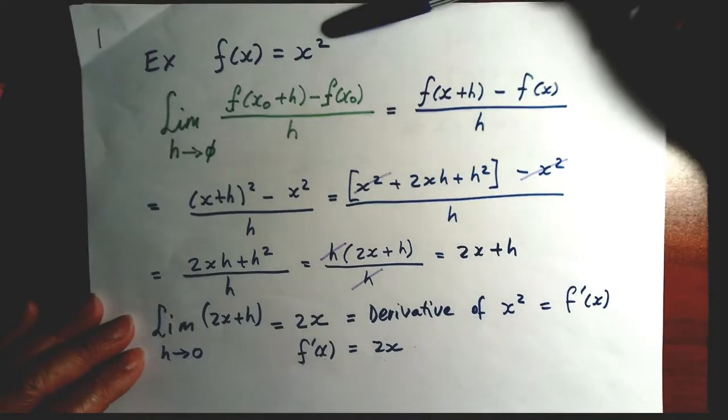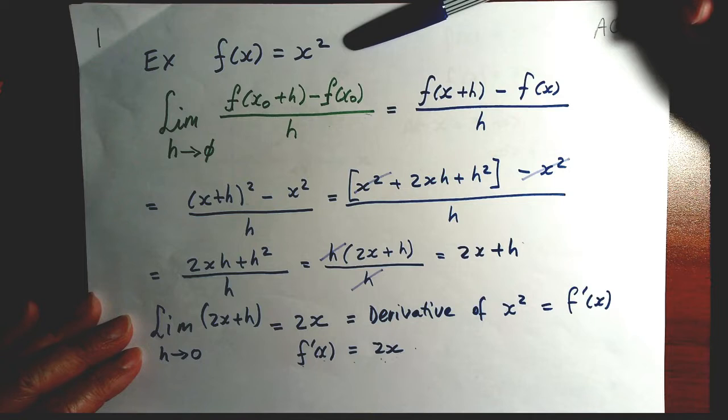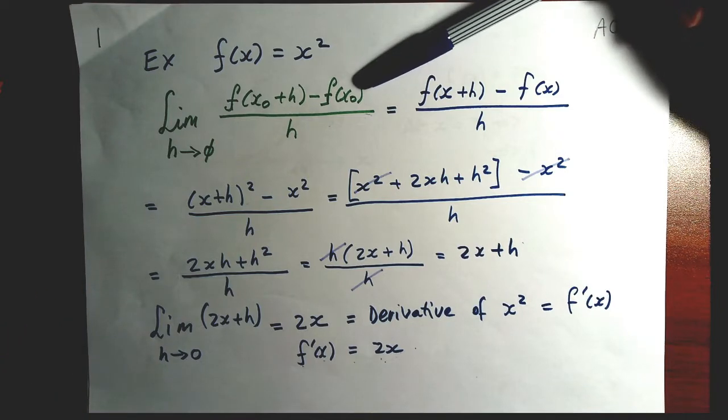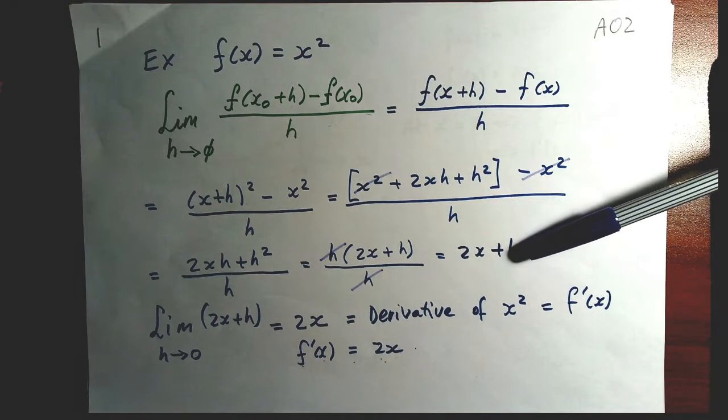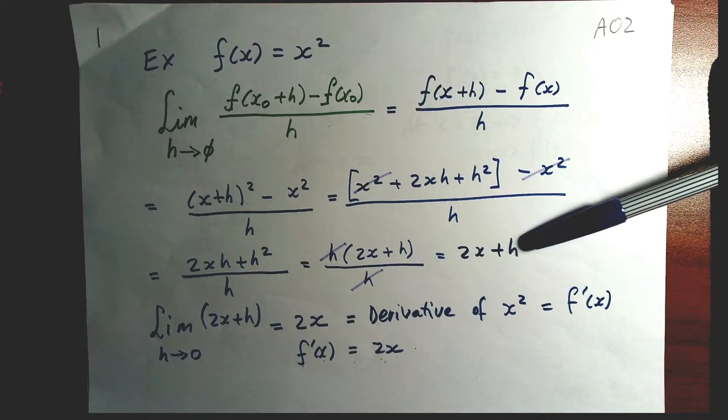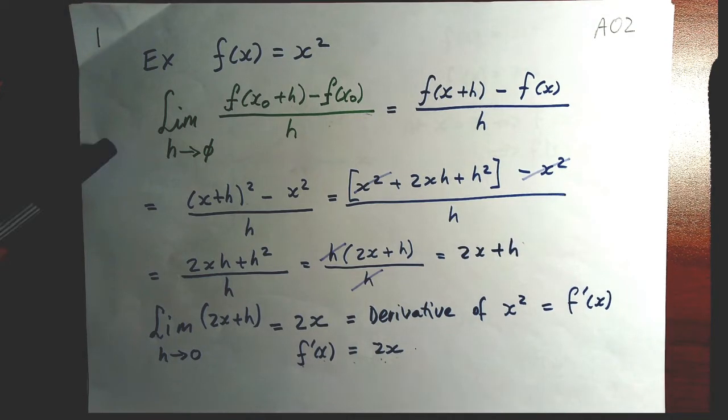We had f(x) equals x squared, and using the quotient rule, f(x plus h) minus f(x) over h as h approaches 0, we plugged in the value x squared, and we simplified everything to be 2x plus h. Here we're taking the limit as h approaches 0.